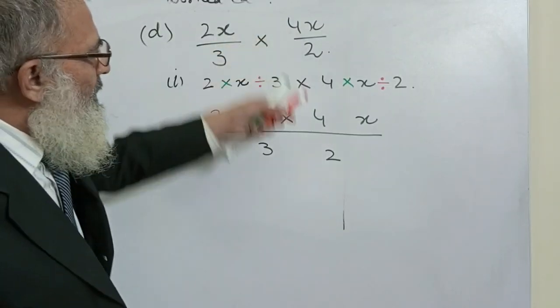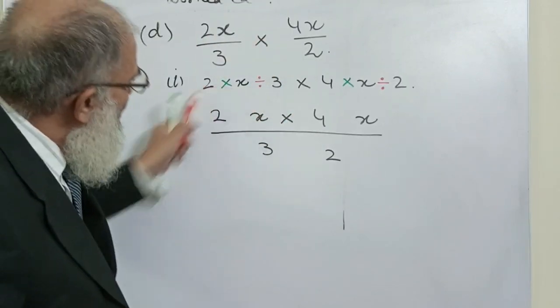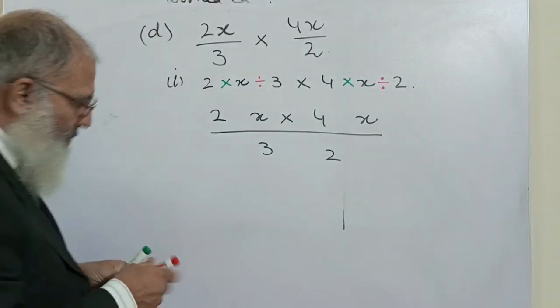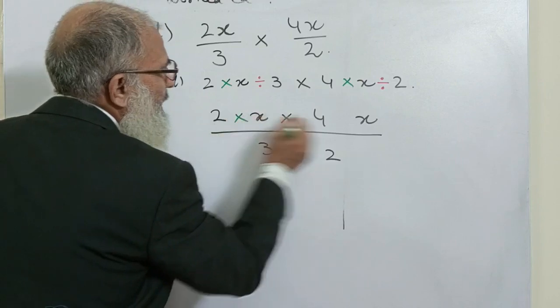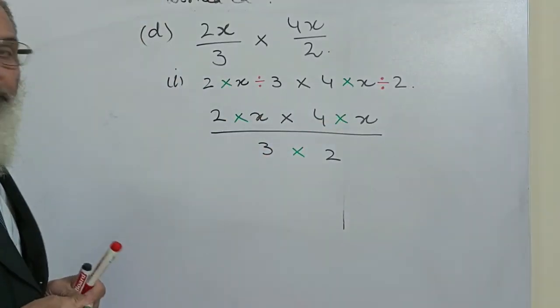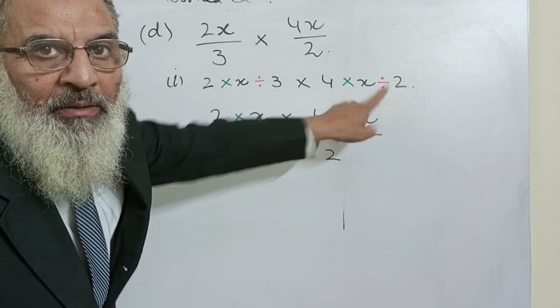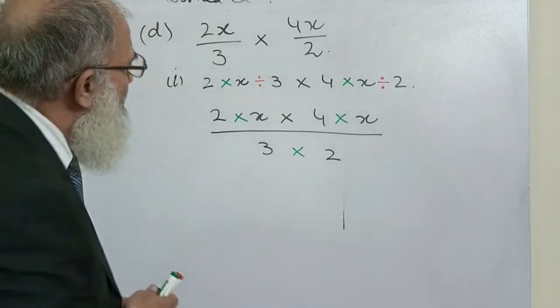So we write here 3 under this fraction and 2 under this fraction. So we write missing sign, missing sign and missing. In fact, this was also a missing sign, but we have ignored it just to avoid confusion.